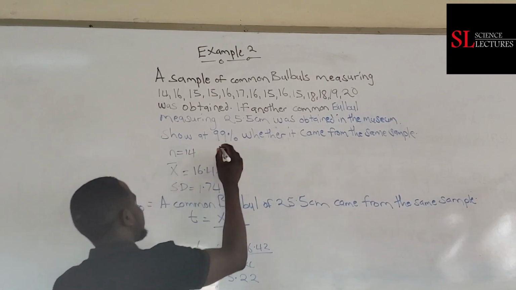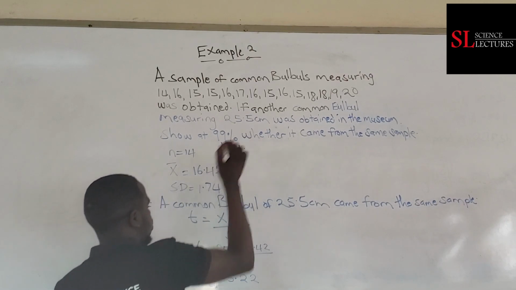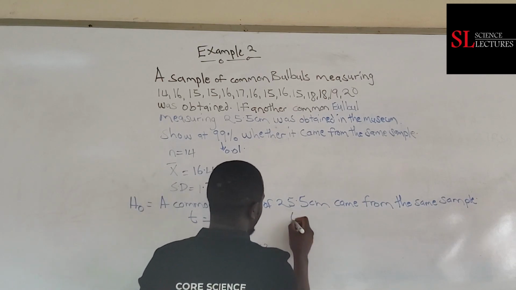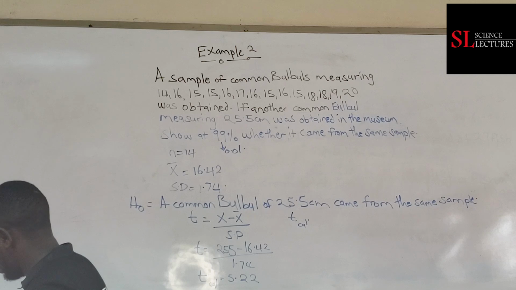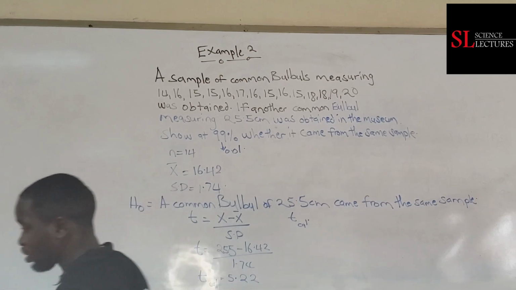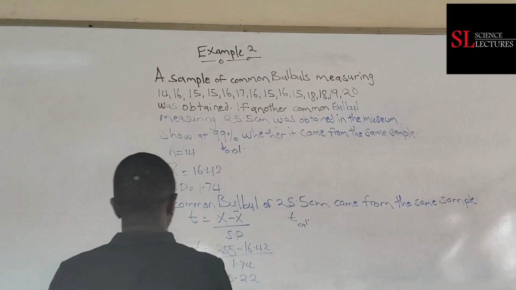So we said you go to your tables, and they are specified at 99%. We said 99% on the tables is represented as 0.01. So I obtain my tabulated value, or my critical value, when I check my tables here. My critical value is 2.17.